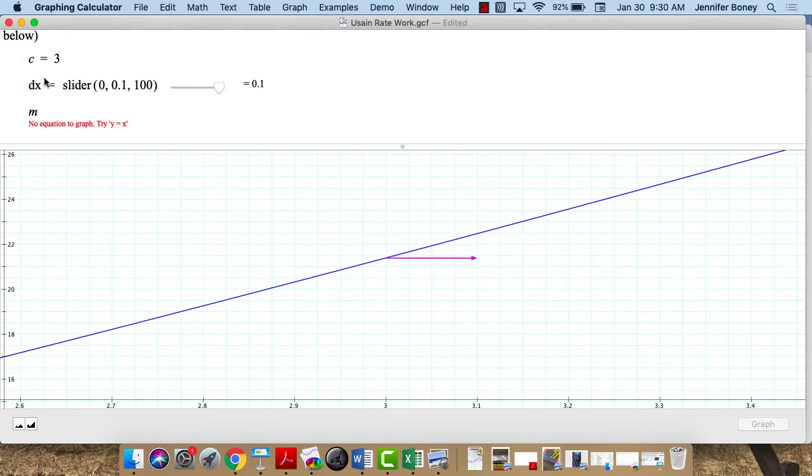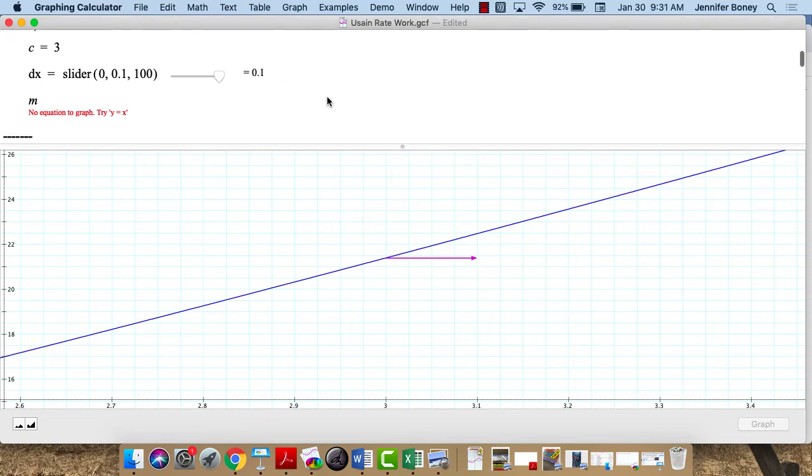And this is connected to this thing. It says slider. This is how you can make sliders out of things, but this is dx. And then, so this is representing dx. That seems reasonable. Dx is a small amount of change in the x coordinate. So in this case, x was our distance from the start.